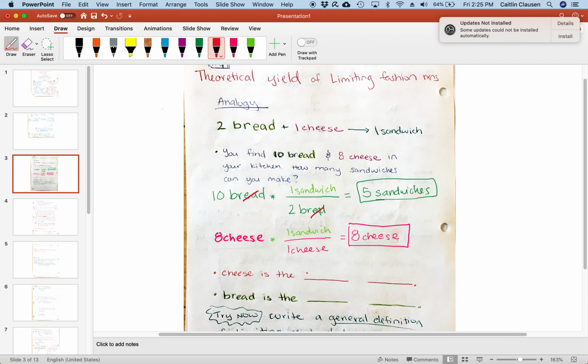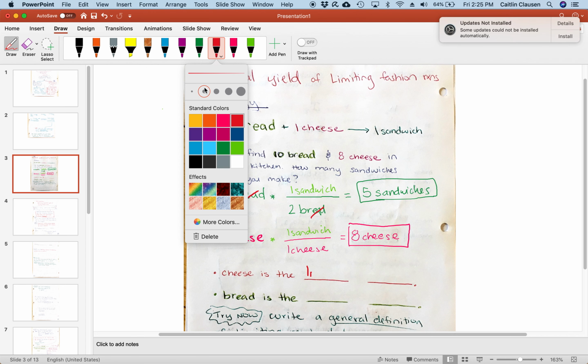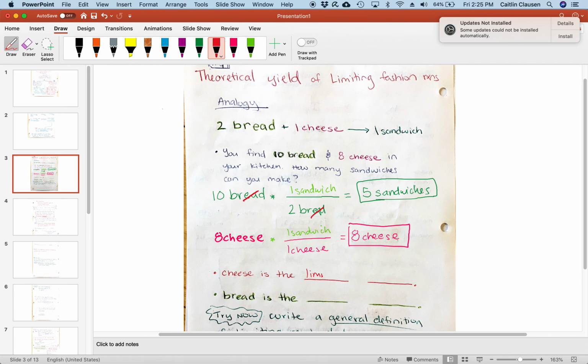So we call bread, in this case, the limiting reactant. You might also see it called the limiting reagent.